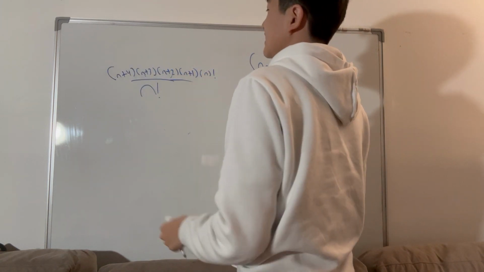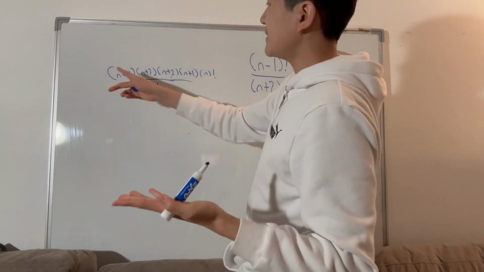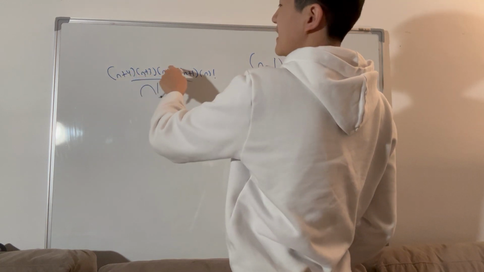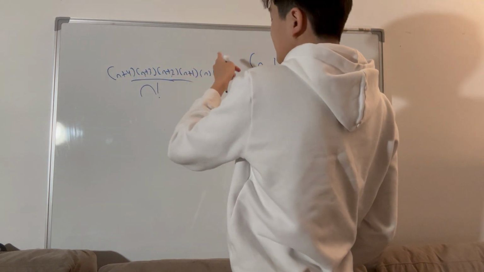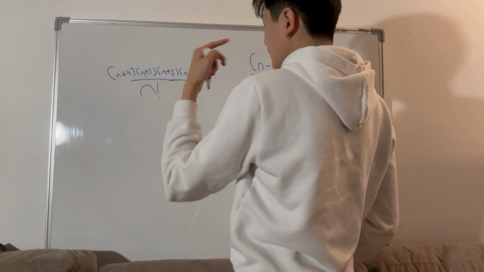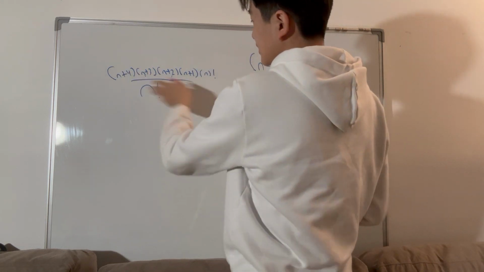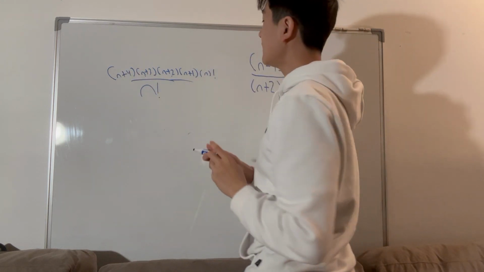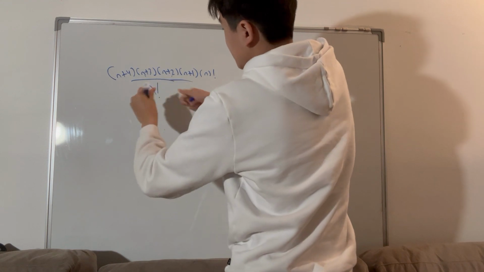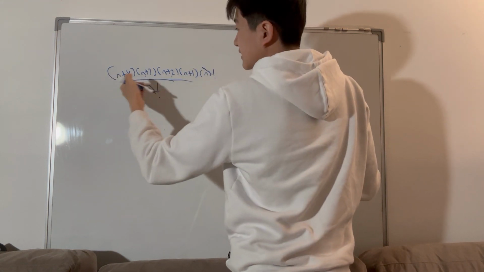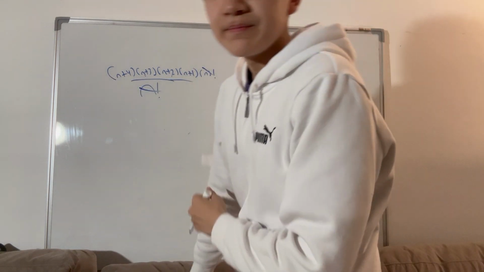Let's say if this were 6, it'll be 6 times 5 times 4 times 3 times 2 times 1 over 1. So you can cancel out n factorial, and you're left with this entire expression here, which is your answer.